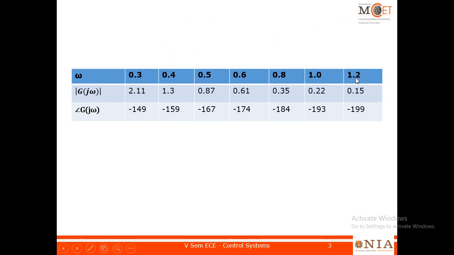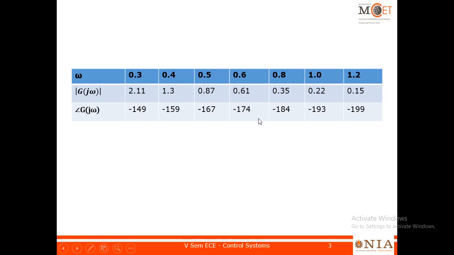Of course, if I go beyond this, I can select 2, but I have stopped with this because in the magnitude table, I am able to see crossing of unity. Crossing of unity means the value 1 is crossed between 0.87 and 1.3. So that particular point is important. Once that is done, this table will be enough.